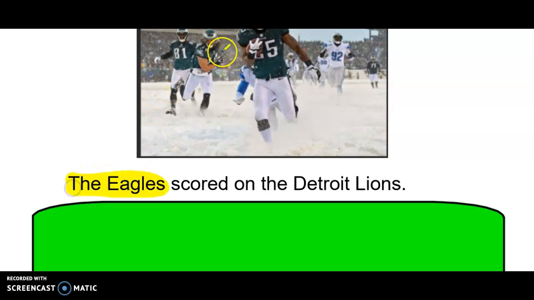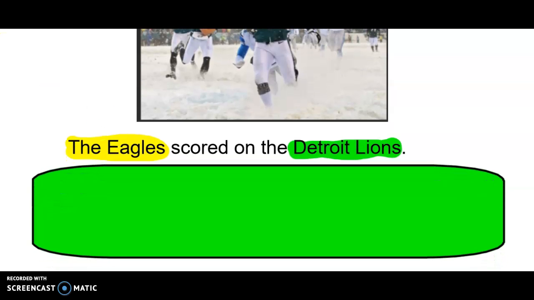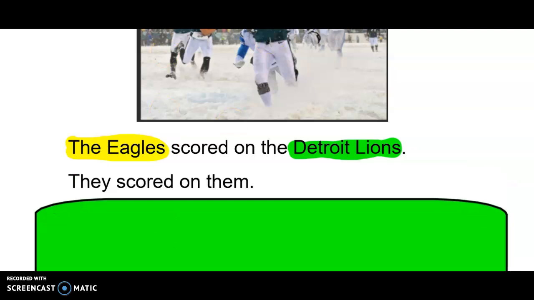They are doing the scoring. The Lions are the ones getting scored on. If I wanted to rewrite that sentence using pronouns, I might say something like, they, or the Eagles, scored on them, which would be the Detroit Lions.